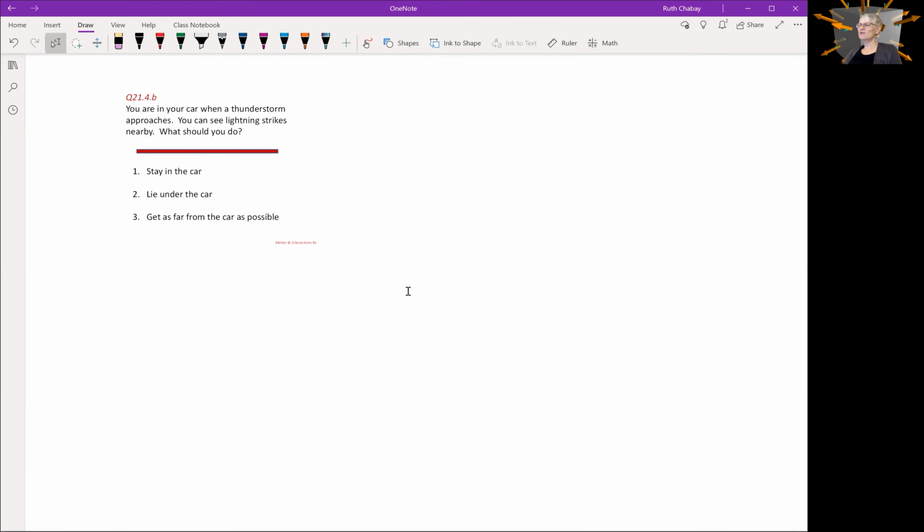Well, almost all cars do have a metal frame, and that's a good point, but it turns out that your box doesn't actually have to be a completely solid box. So in fact, staying in the car is right, because what you want to do is stay in a place where the electric field is 0.